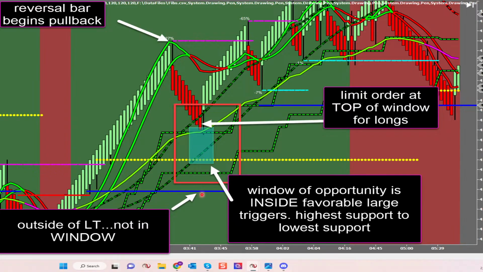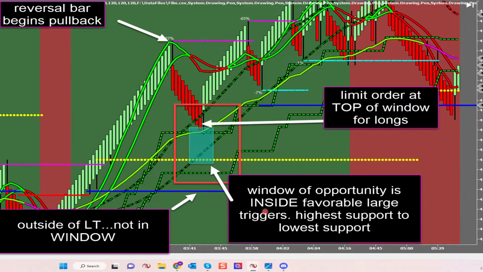5 ticks below those triggers is where the market should not go. Where the market should not go is the equivalent of that pivot low on TradingView. This is where the advantage of rule number 3 is no longer in play. Entries, per the plan that you've been given, do not come from the wrong side of the triggers.